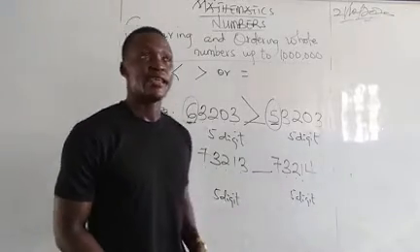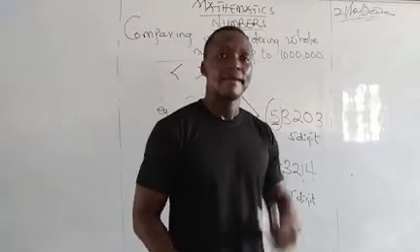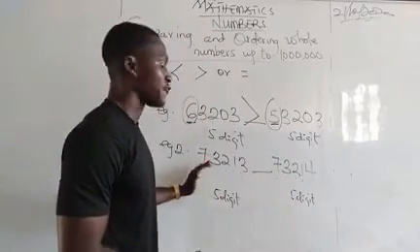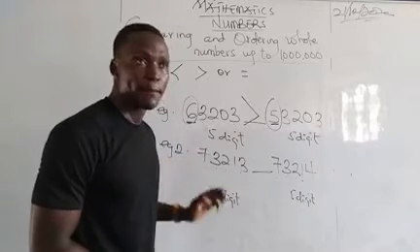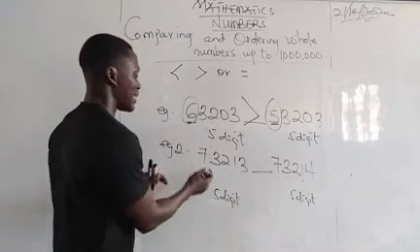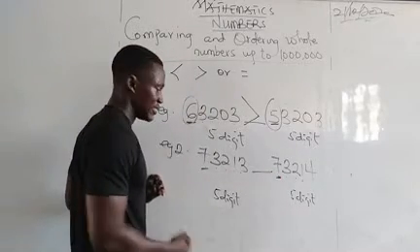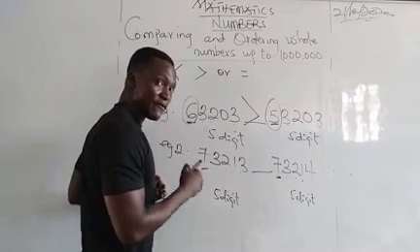And I said, when we have the same number of digits, we compare digit by digit. So we start from our left hand side and compare them one by one. You compare the 7 and this 7. We can see that they have the same value.